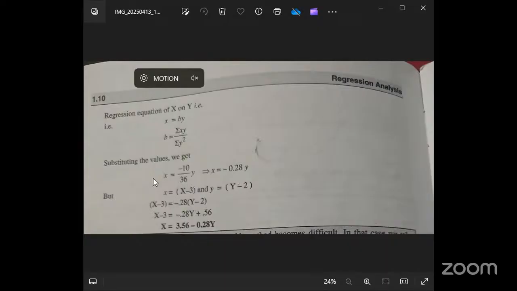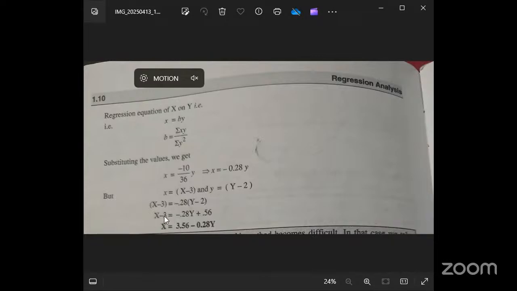So x equals minus 0.28y. Here x becomes x minus x bar, where x bar value is 3, and y becomes y minus y bar, where y bar value is 2. Next, simplify this formula. X minus 3 equals 0 minus 0.28 into y minus 2.